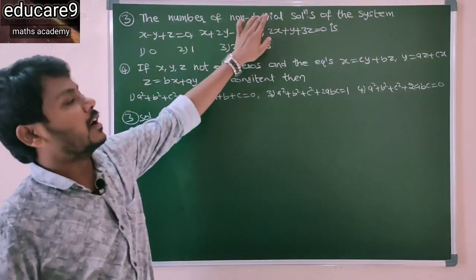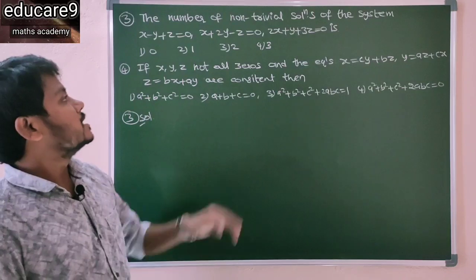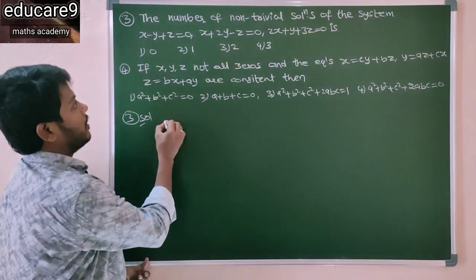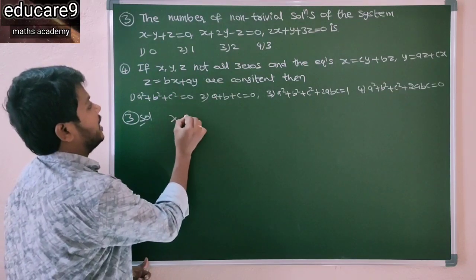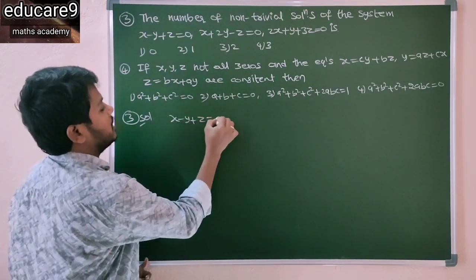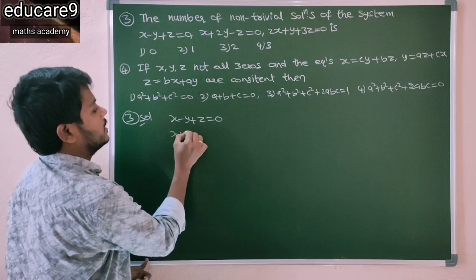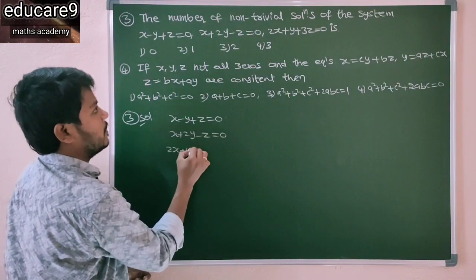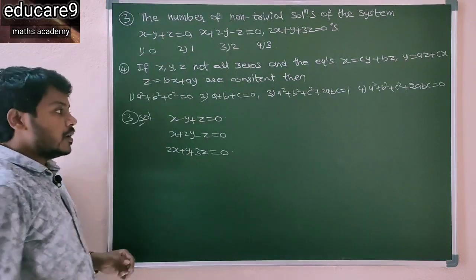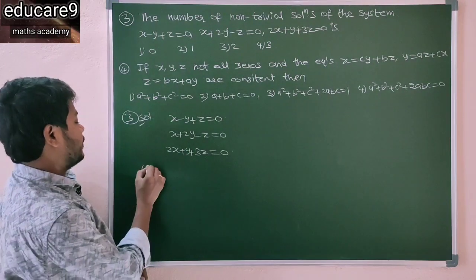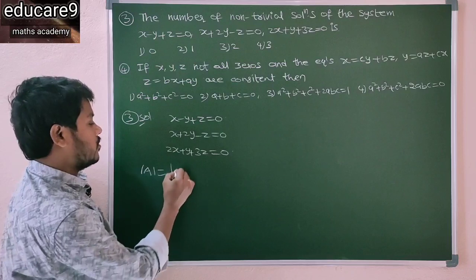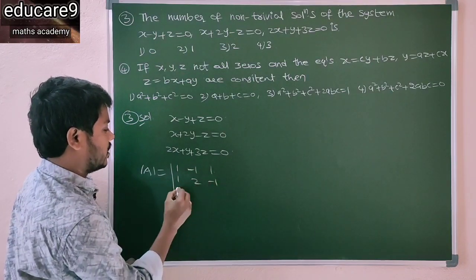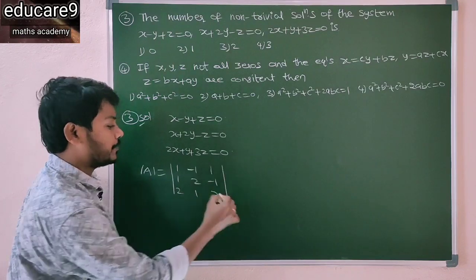The number of non-trivial solutions of the system of three equations is. See here, given system of equations x minus y plus z equals 0, x plus 2y minus z equals 0, 2x plus y plus 3z. So find here the determinant of A. So what is that? 1, minus 1, 1; 1, 2, minus 1; 2, 1, 3.